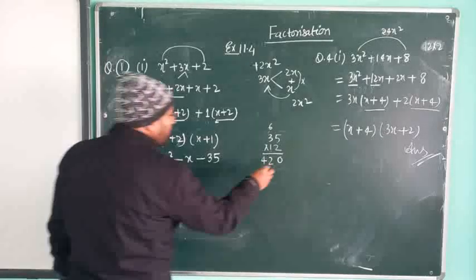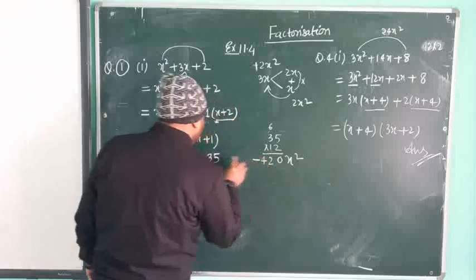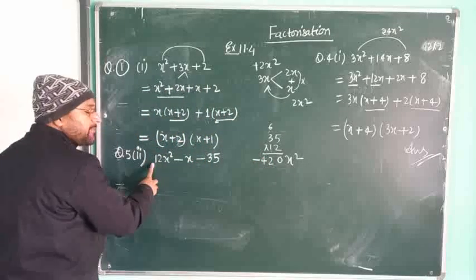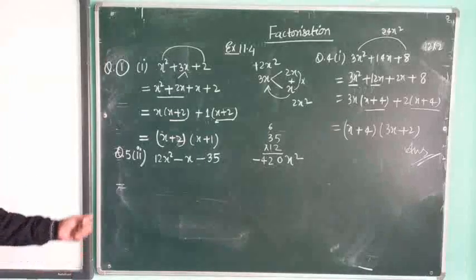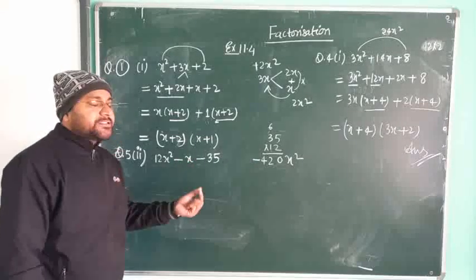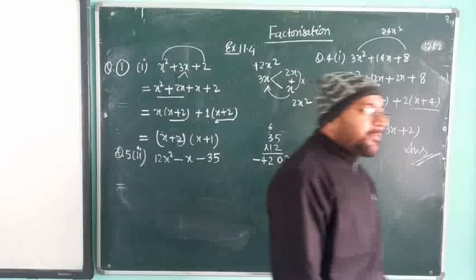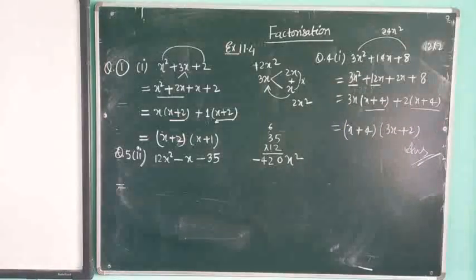Its product is 420 x square with minus sign, because this is a minus and minus is multiplied into plus, we are getting minus 420 x square. So you can break this minus x into two parts, whose product is minus 420 x square, and by adding or subtracting you are getting minus x.